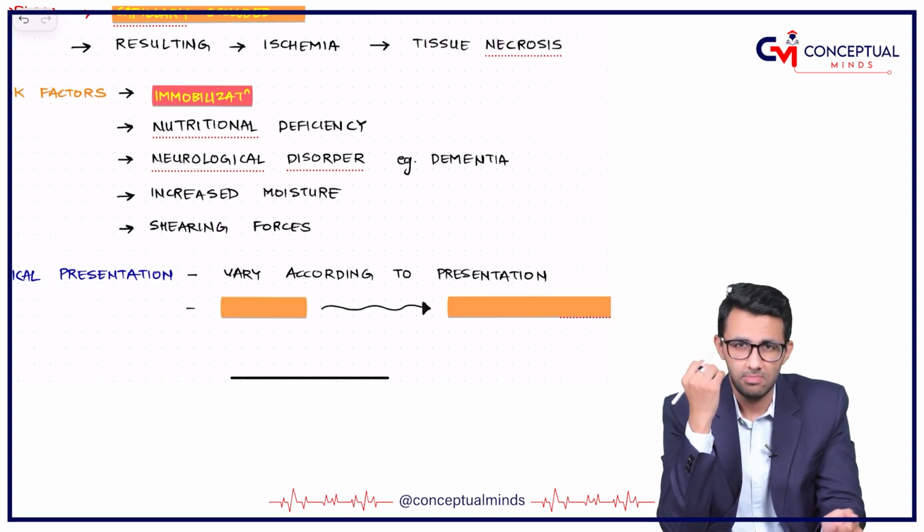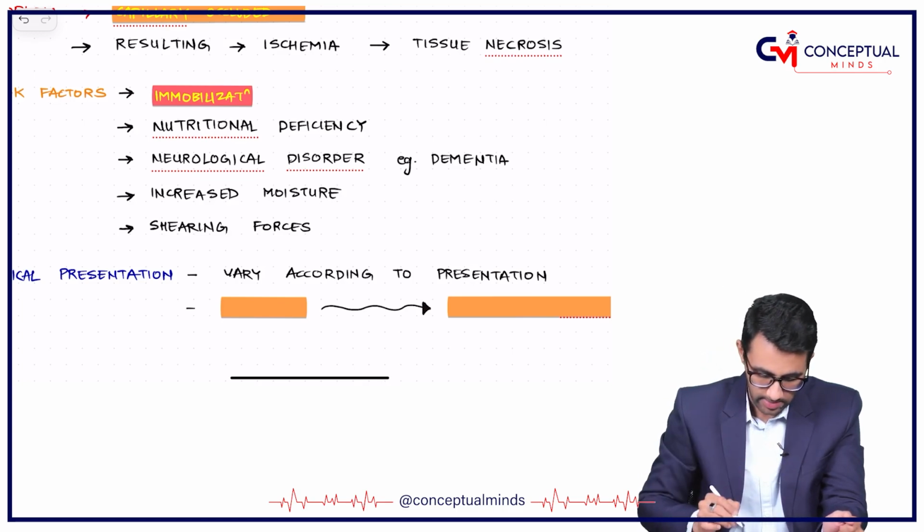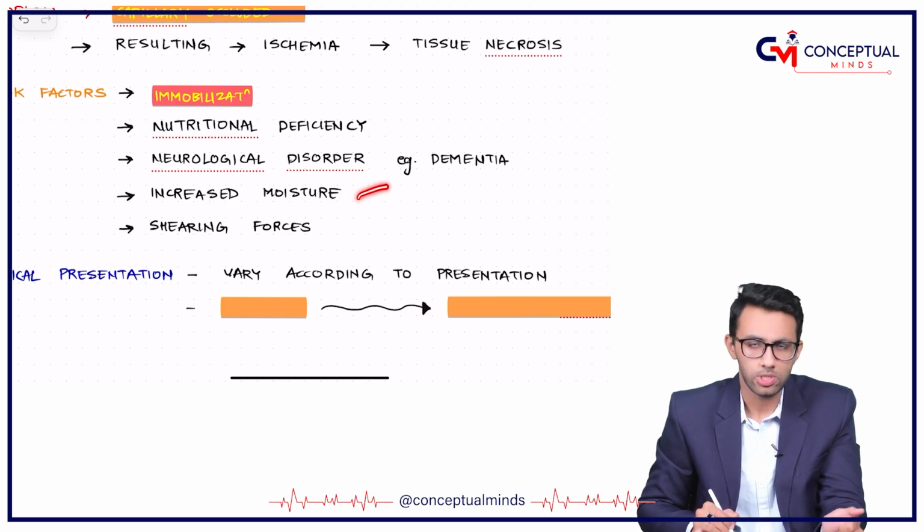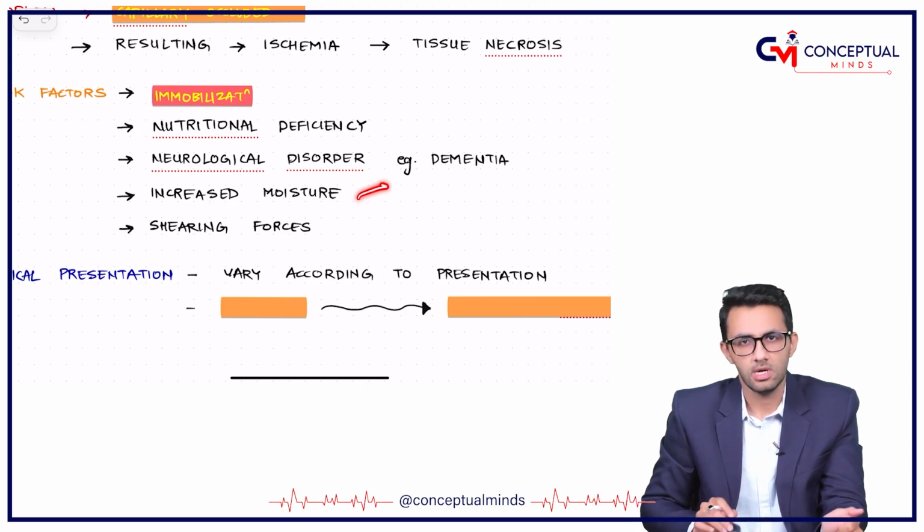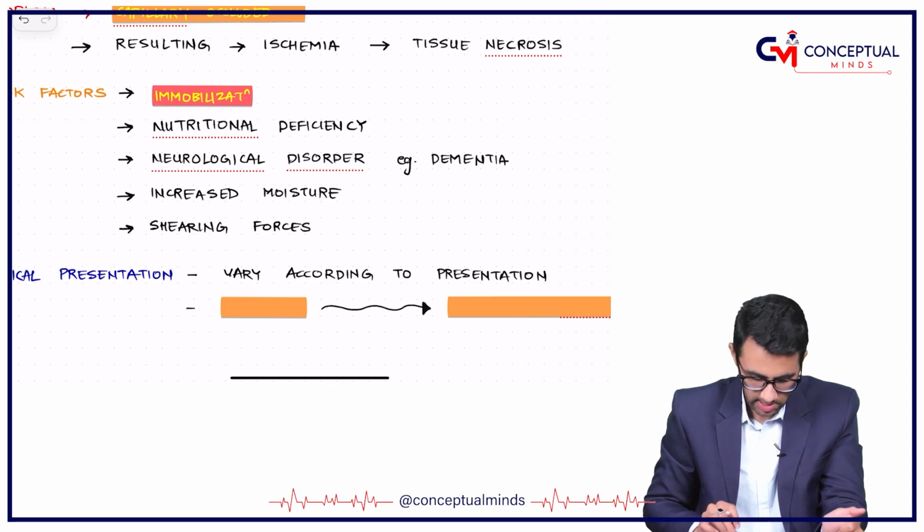Why? Because the person is not able to take care of himself, could be isolated at one spot and not able to know what is actually happening, and increased moisture in that area, which causes more proliferation of bacteria on the epidermis, right?